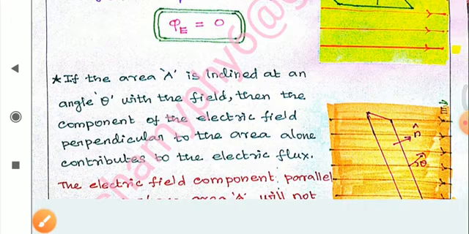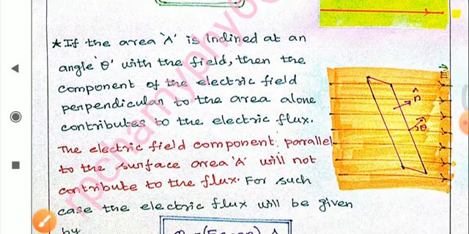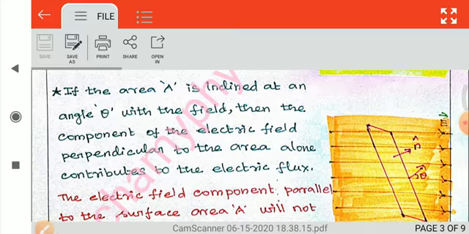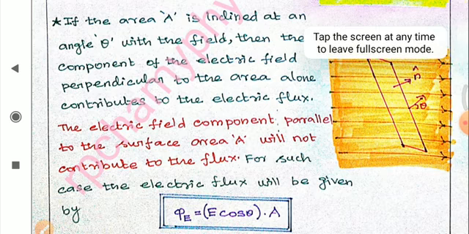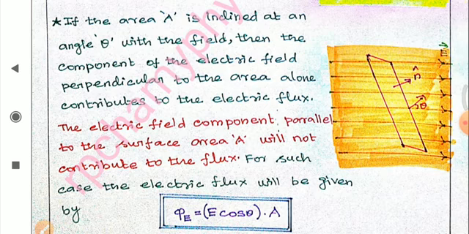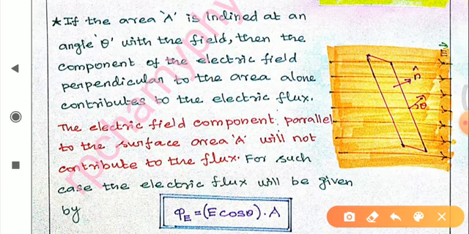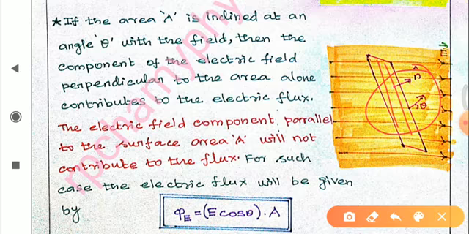If we take another case, the chosen area is at an angle theta with the field. Here the surface area is not exactly perpendicular to the direction of the electric field and not parallel to it.